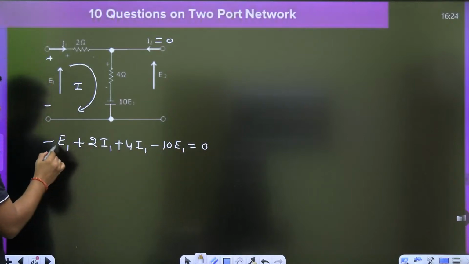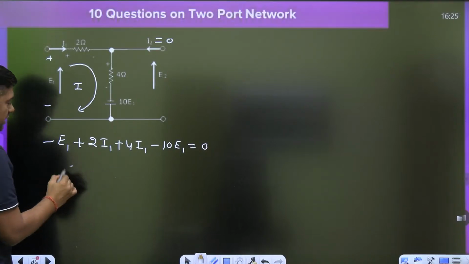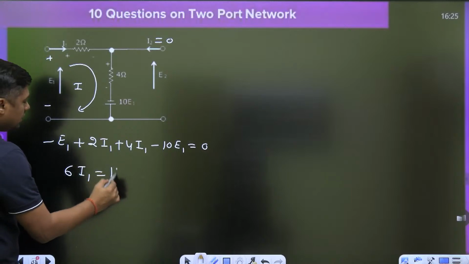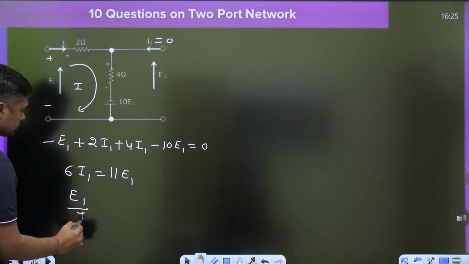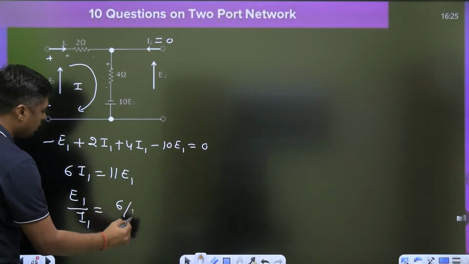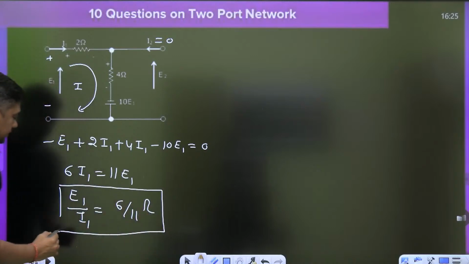So it will become 10 plus 1, 11 E1. So 6 I1 is equal to 11 E1. What is E1 by I1? 6 by 11 ohm, and that is nothing but Z11.